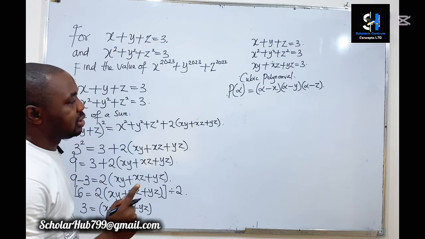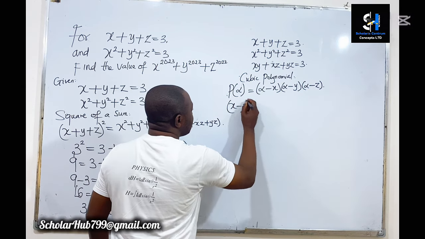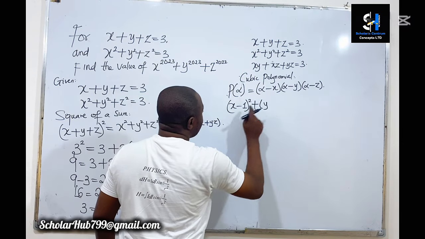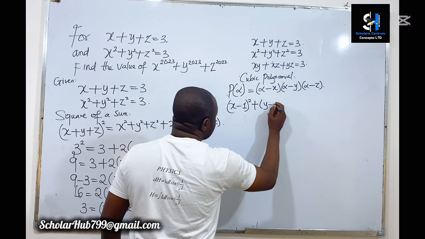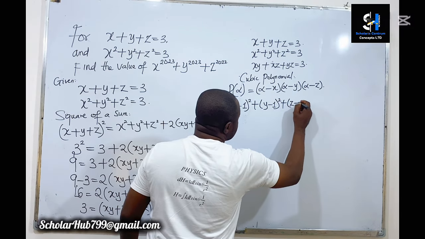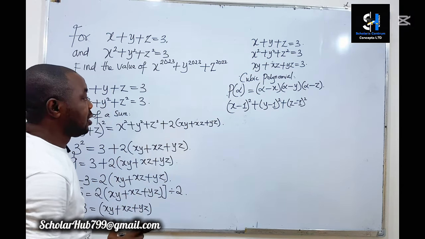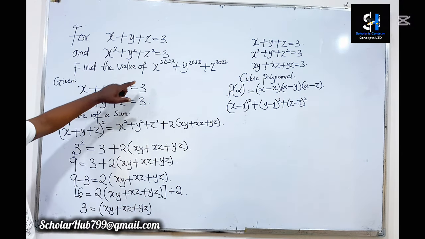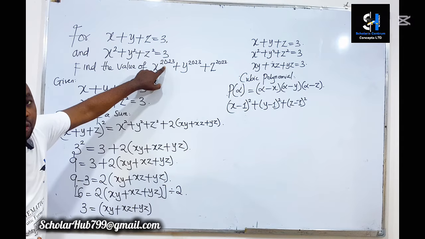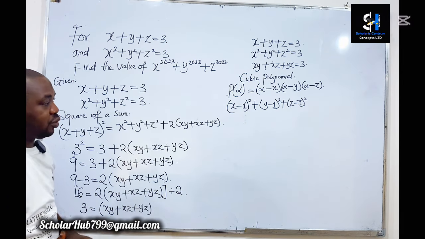But what is important here is that we need to understand the sum of the squares of x minus 1, y minus 1, and z minus 1, for questions like this, because we want to obtain the value of x raised to the power of 2023 plus y raised to the power of 2023 plus z raised to the power of 2023.